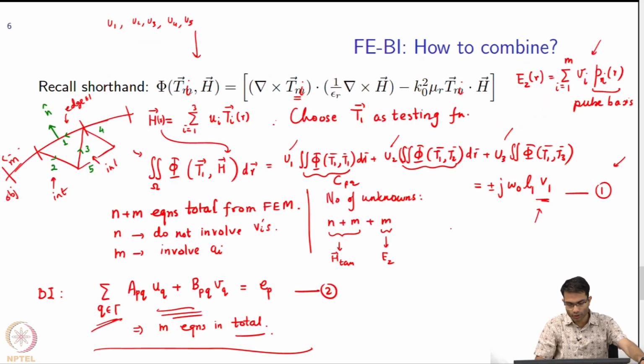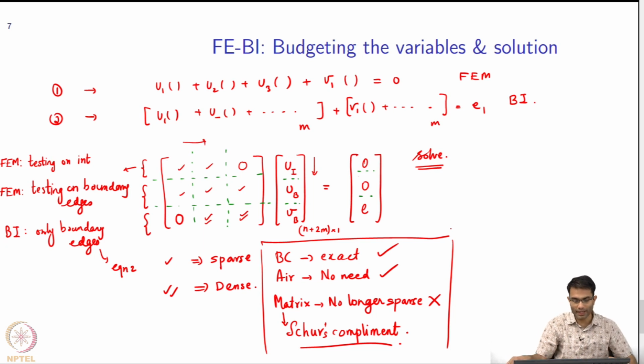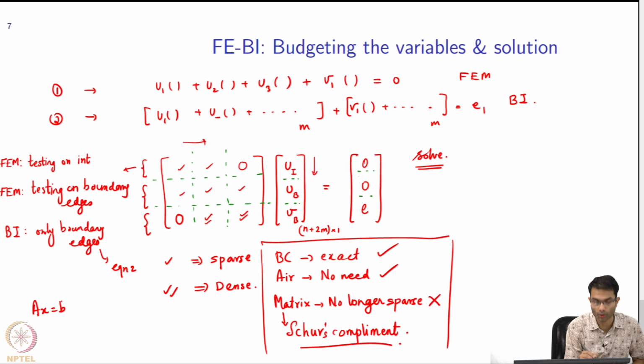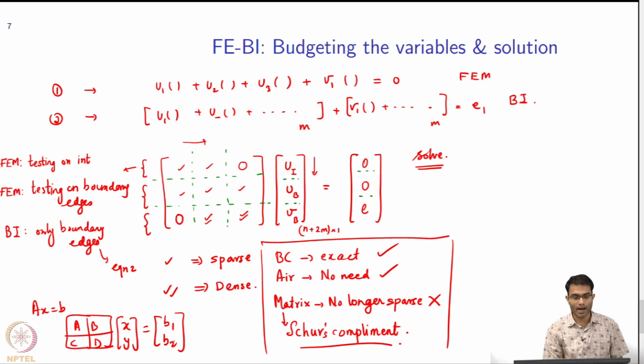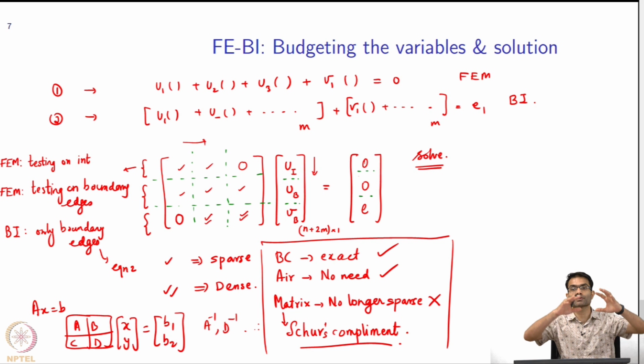I don't want to go more into what the Schur complement is, but right now what we know is, given Ax is equal to B, how to solve it. Schur's complement, on the other hand, breaks up A into, let us say, 4 parts: A, B, C, D. You split your variables also as x, y, and B1, B2. There are certain formulas which allow you to write the final solution in terms of A inverse, D inverse, and so on, so you do not have to take the inverse of the whole thing.